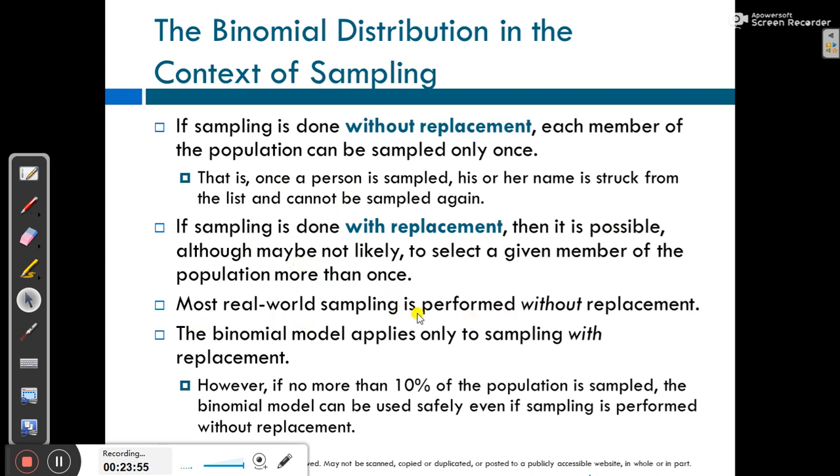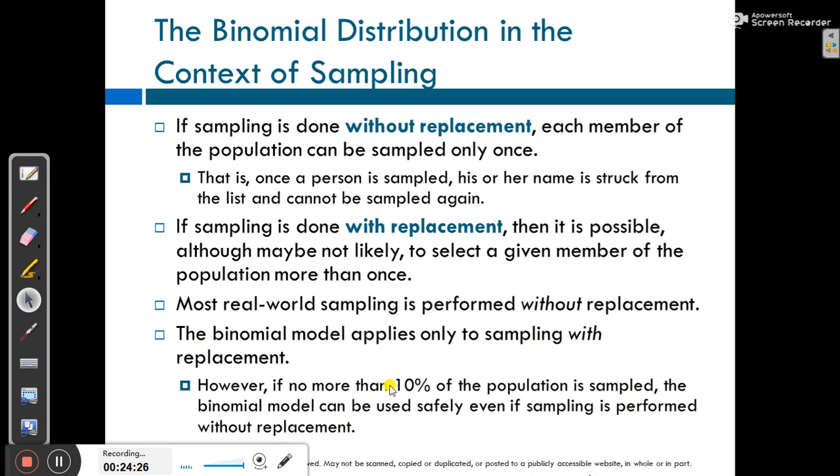Most real world sampling is performed without replacement. So in most real world cases, sampling will be taken without replacement. The binomial model applies only to sampling with replacement. However, if less than 10% of the population is sampled, then the binomial model can be used safely even if sampling is performed without replacement.